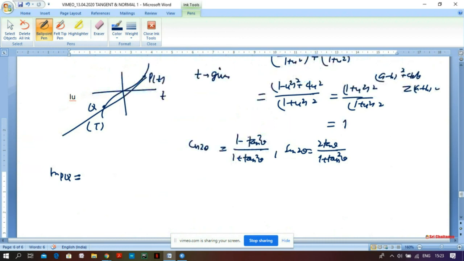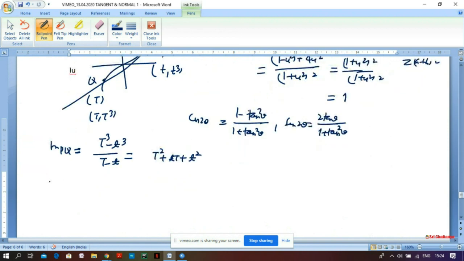P is (t, t cube), and Q is (T, T cube). I can write (T cube minus t cube) over (T minus t). As T is not t, I can get T squared plus Tt plus t squared. That will work. So that is slope of line PQ.